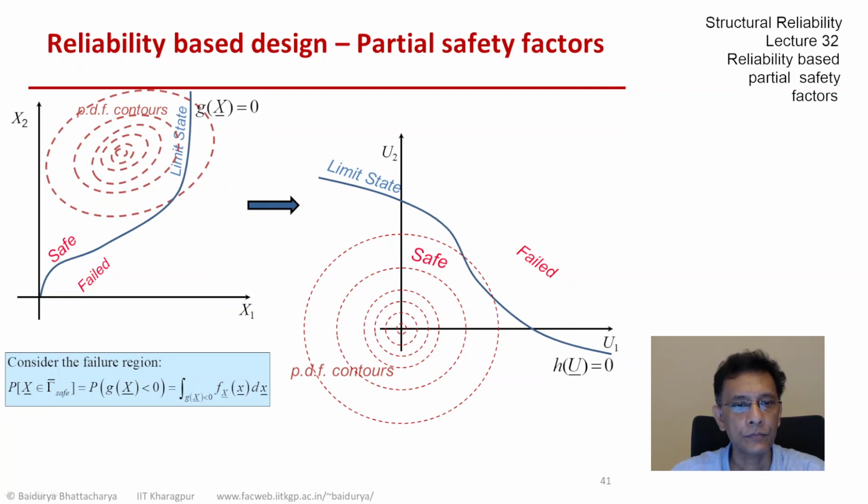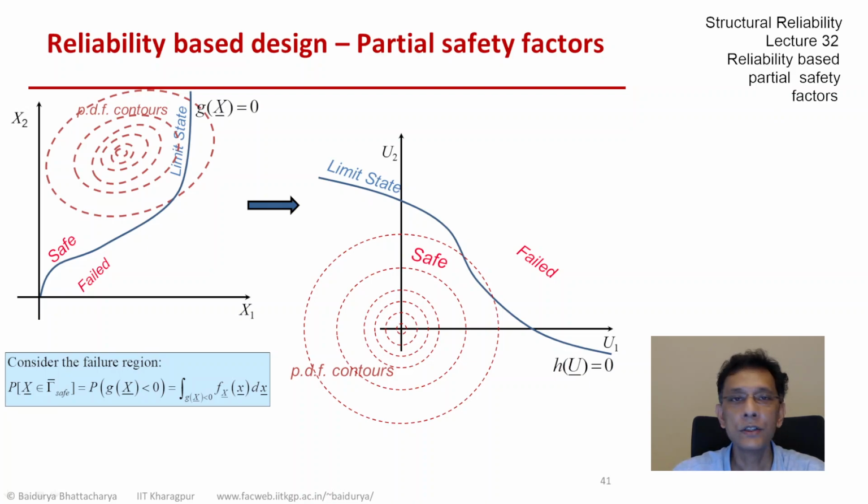And we will continue with the FORM-based approach, the first-order reliability method-based approach, for a while until we abandon that for more general situations. So here what you see is something we have discussed a lot in the past. We have the space of basic variables x, and from there we map to the space of independent standard normal variables.